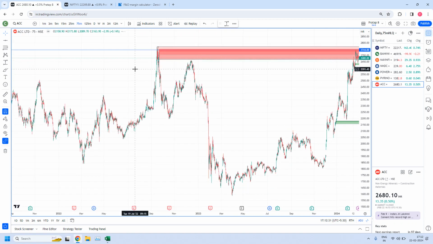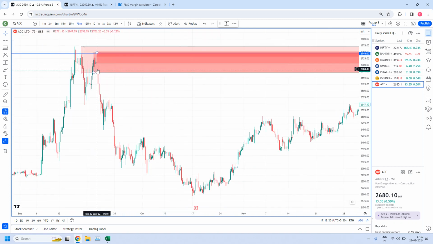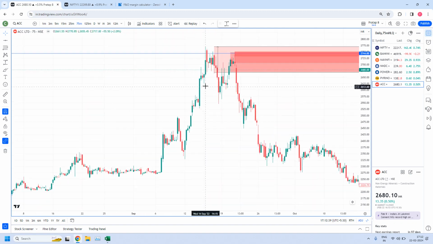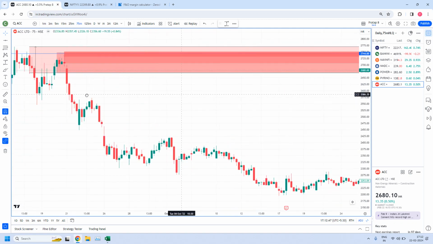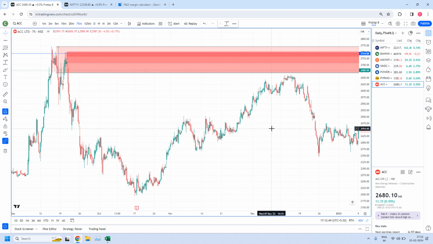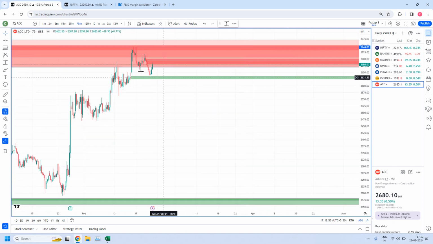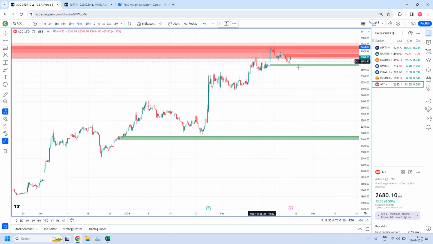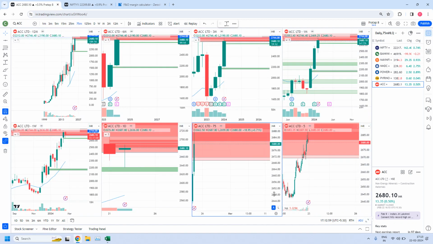This is a very old zone, created in 2022. We have a rally, 1, 2, 3, 4 base candles and a drop candle. Recently, prices entered into this zone, and a new 15 minutes zone is created inside it. Now, let us focus on those newly created zones.